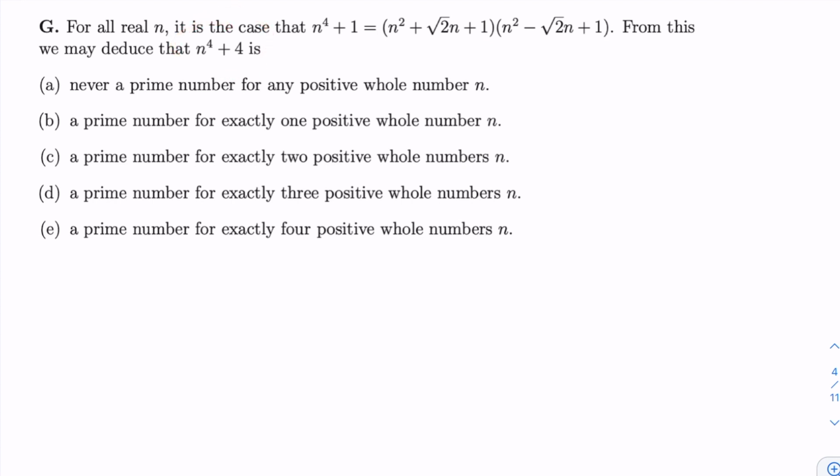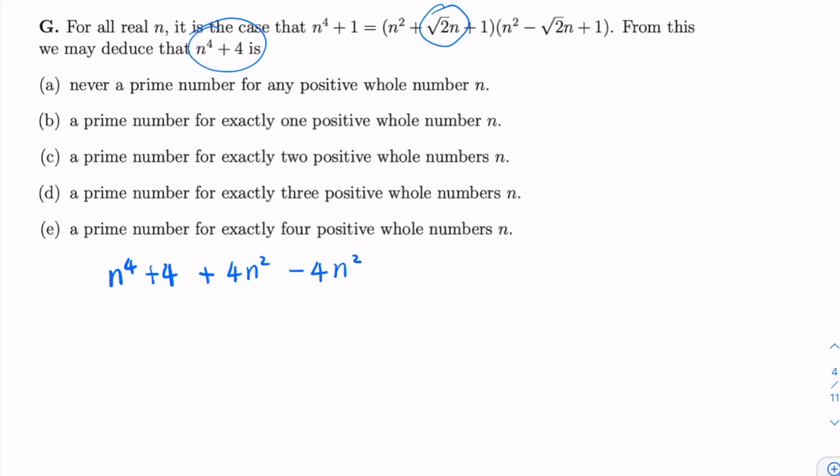The way to factor that is not to use square root of 2, rather we're going to do this. That's a trick, may not be obvious, but n to the fourth power plus 4 is actually equal to n to the fourth plus 4, minus 4n squared and plus 4n squared.